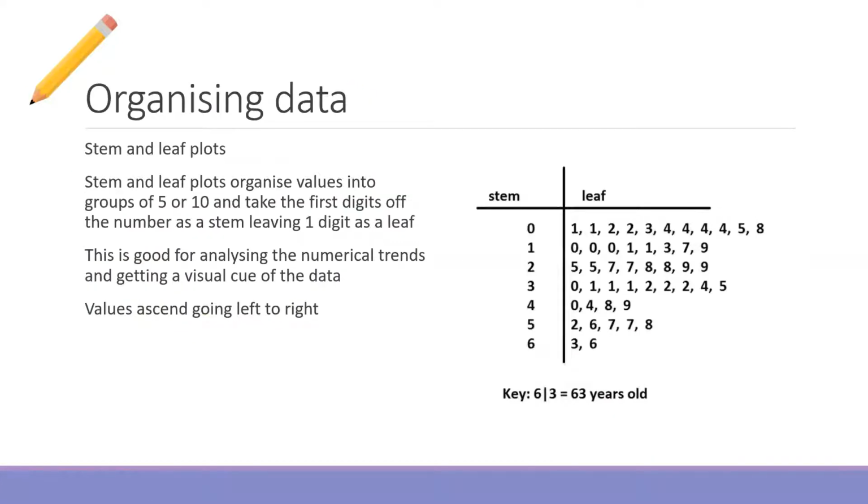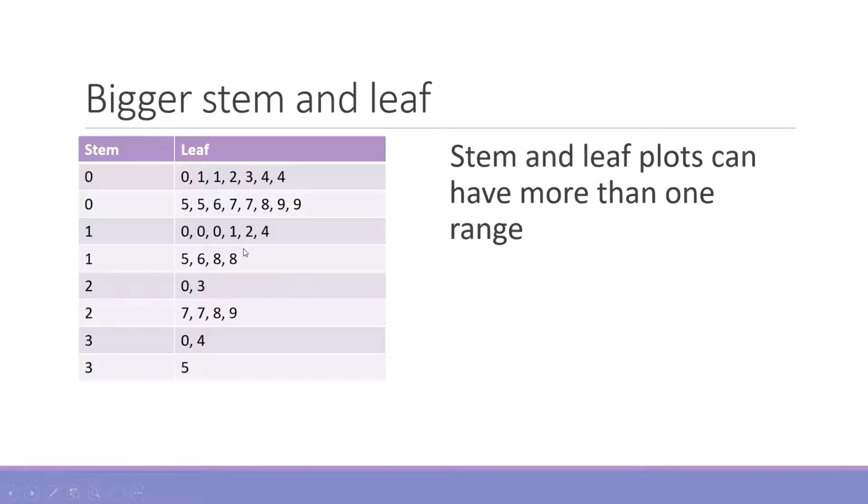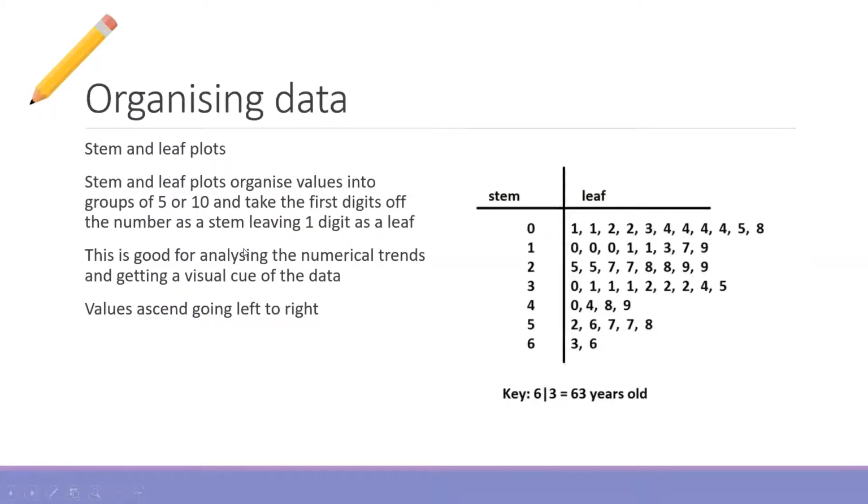We then jumped from the dot plot to the slightly more complex stem and leaf plot. Now, the reason we like the stem and leaf plot is because it actually gives us an order to understanding the information. It's in groups of 5 or 10, and then you take the first digit away.